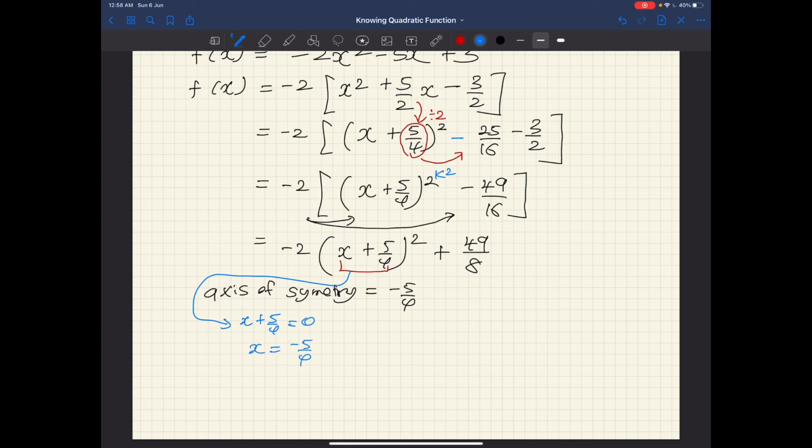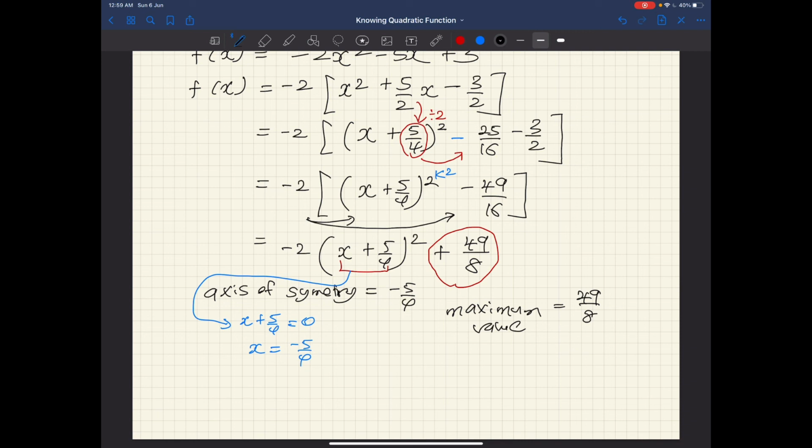That's how I got my axis of symmetry. Alright, so the next part is just as simple as taking whatever here, that's my maximum value. So the maximum, as I mentioned to you earlier, it entirely depends on the shape of the graph. So my maximum value is 49/8. Okay, it's a positive.